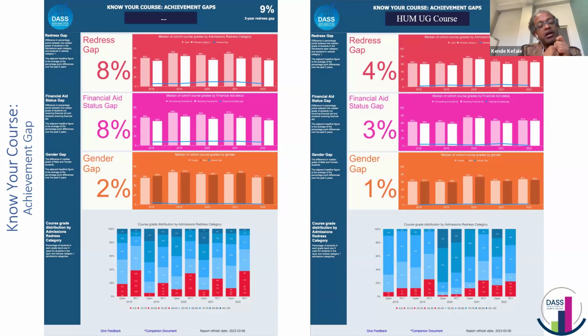This is the open category, where all students who didn't declare any of their biographic markers for redress for admissions considerations, as well as redress category 1, which would map onto Black students. You will see that the ones in the open category consistently have lower failure rates if you're just looking at the red bars, as opposed to redress category 1, where you'll see consistently a higher level of failed students.